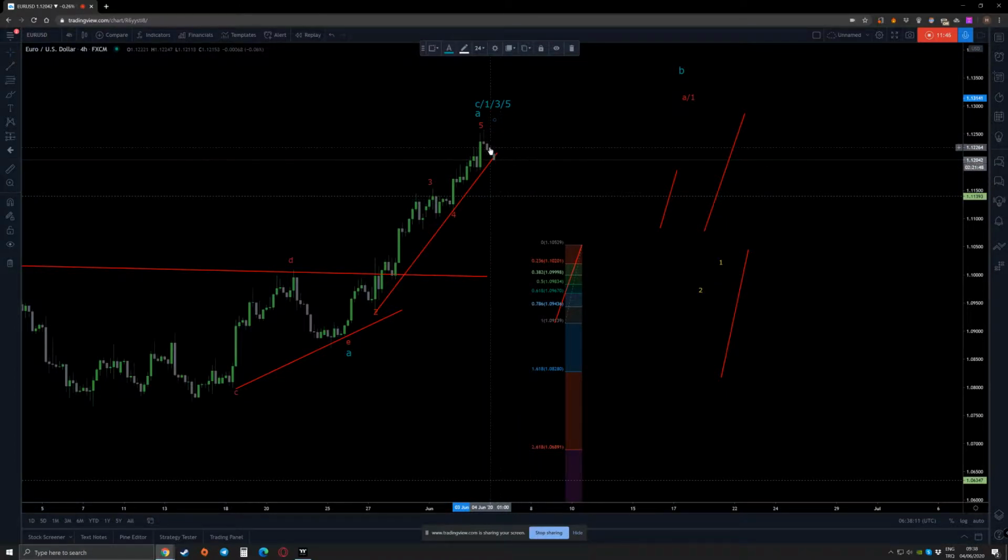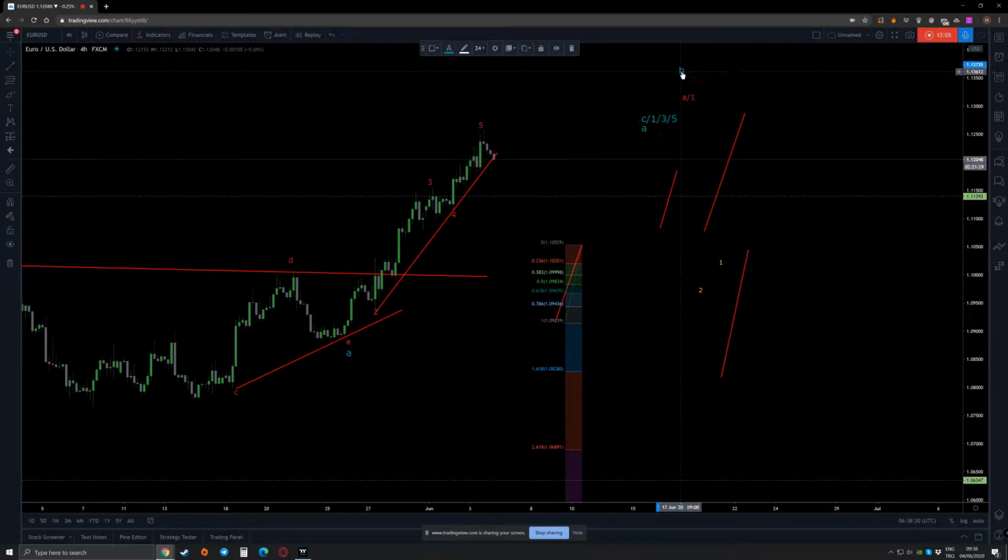So in this market, in this idea, we still need a little bit more confirmation before you can trade anything. This is not a perfect place to trade. We need to see a little bit more.